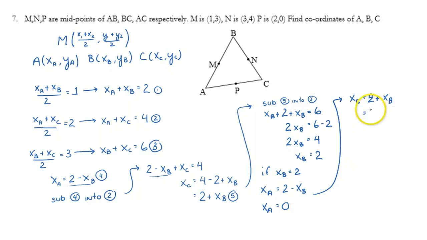We see that, therefore, xc is 2 plus 2, which is equal to 4. So now we have xb, xc, and xa. So what this simply is, is a system of equations with three unknowns and three equations.